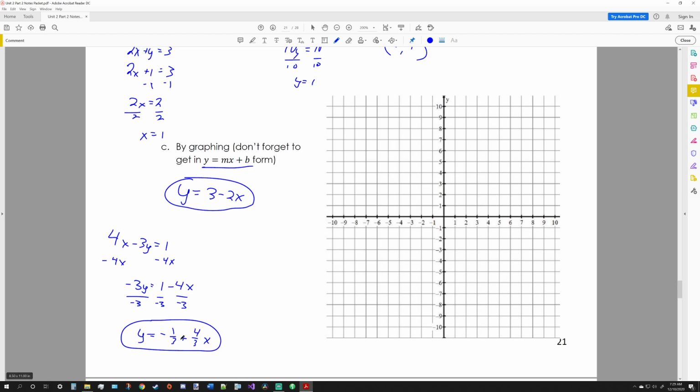So this graphing, because there's fractions, right, y-intercept of negative 1/3, I'm not just going to eyeball that on the y-intercept. Instead, I'm going to plug that into the calculator, into y equals, look at the table and plot nice points, right? Whole number points. That'll make it a lot easier. This one I can graph by hand because it has a y-intercept of 3 and it has a slope of -2, so down 2, right 1.